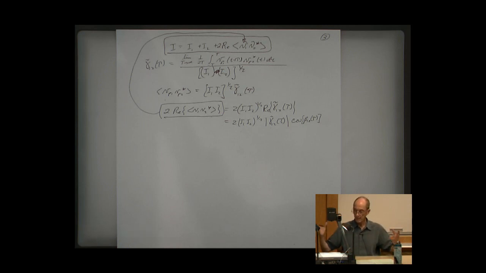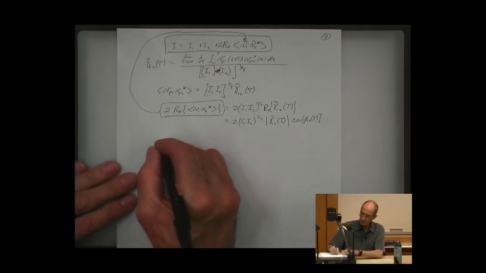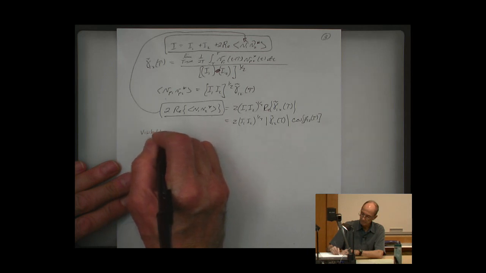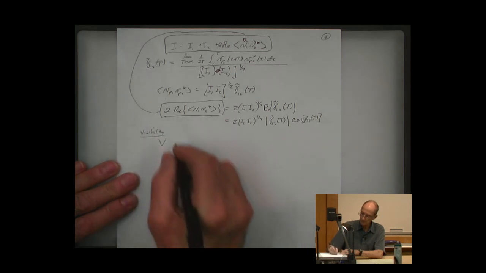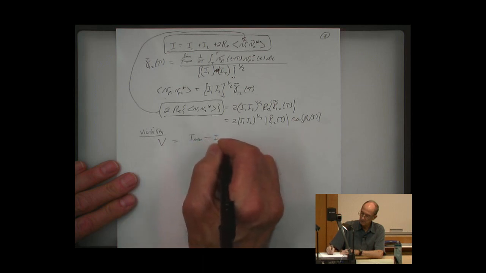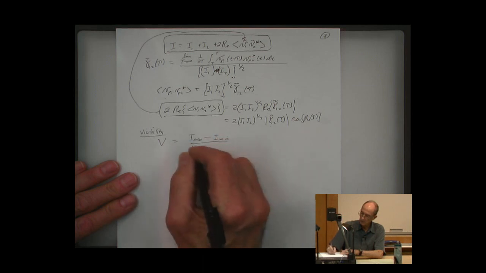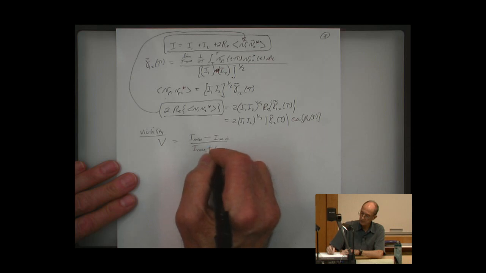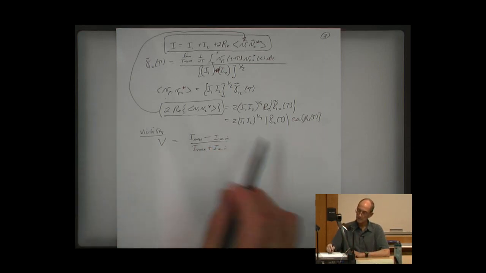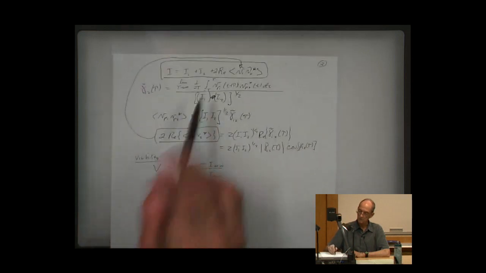So how are these related to something a little more concrete? Well, remember we have the visibility, V, which is I max minus I min over I max plus I min. So what is the maximum and minimum value of I?